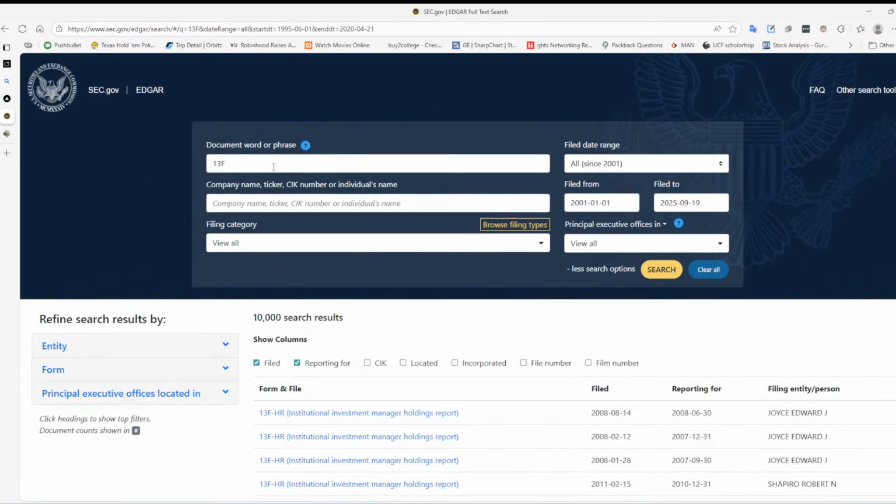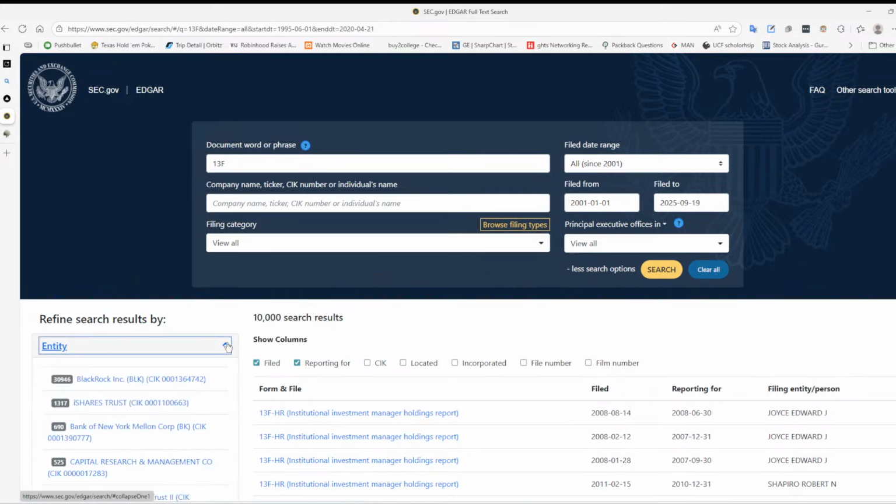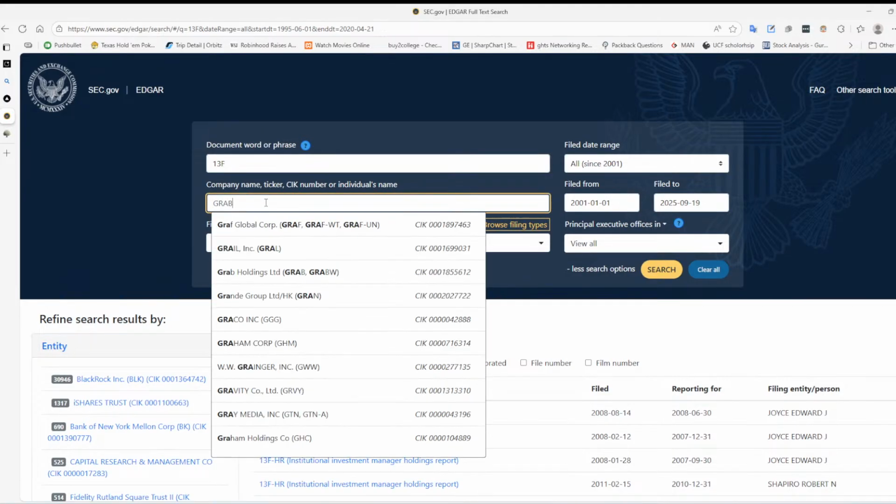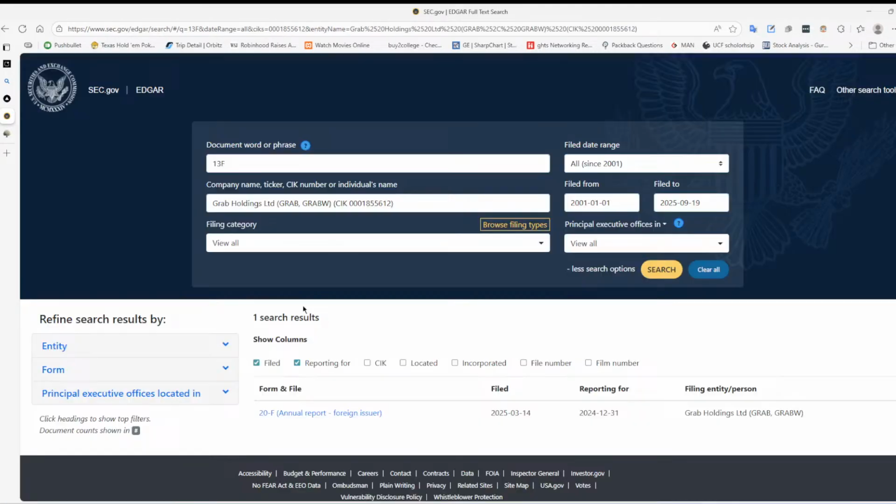13F filings. BlackRock, company, Grab Holdings.